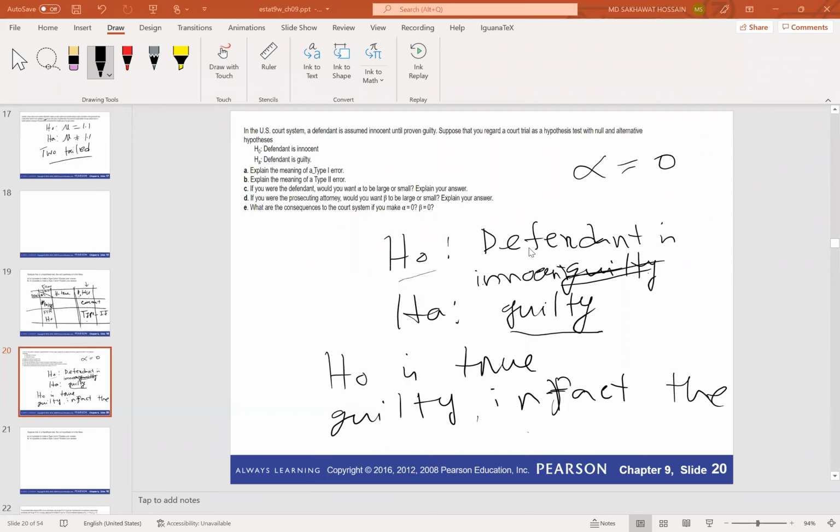Alpha is the probability of making type 1 error. So that means the chance of making type 1 error. If alpha is 0.05, that means there is a 5% chance that you will make type 1 error. If beta is 0.05, that means there is a 5% chance that you will make type 2 error.